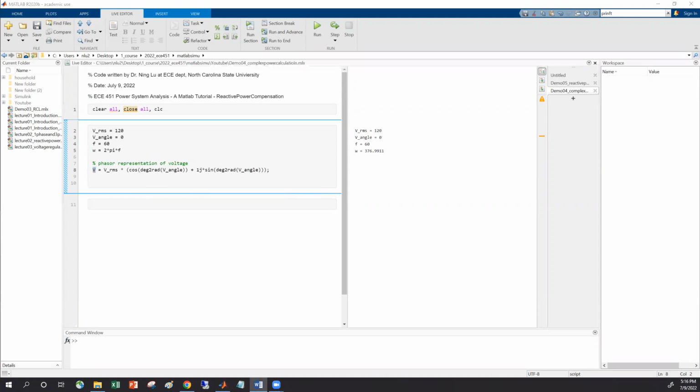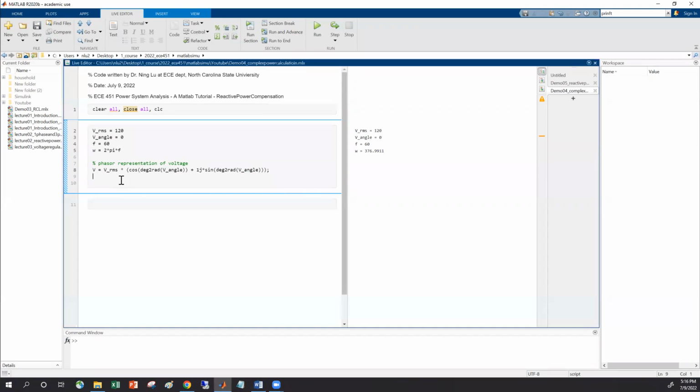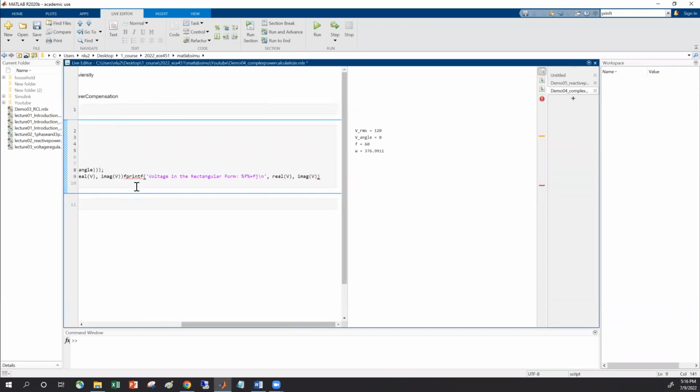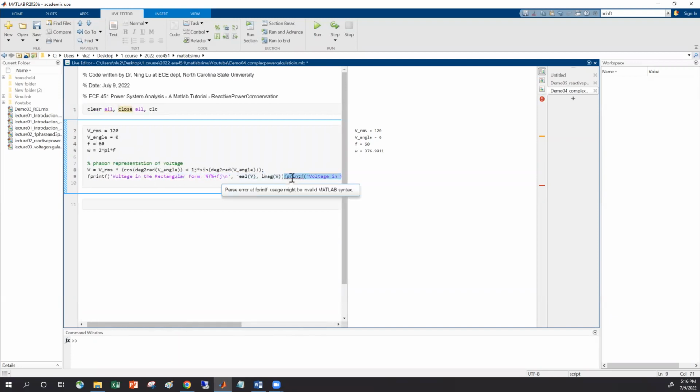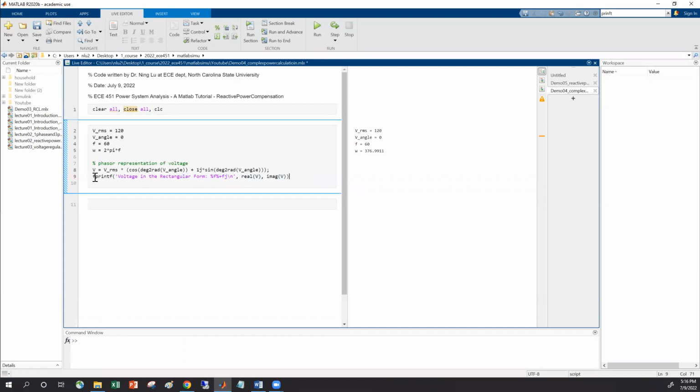Okay, let's just print them out so we can use this command. Copy them twice. fprintf is the command you can use to print either this variable to file or just print them to the screen.